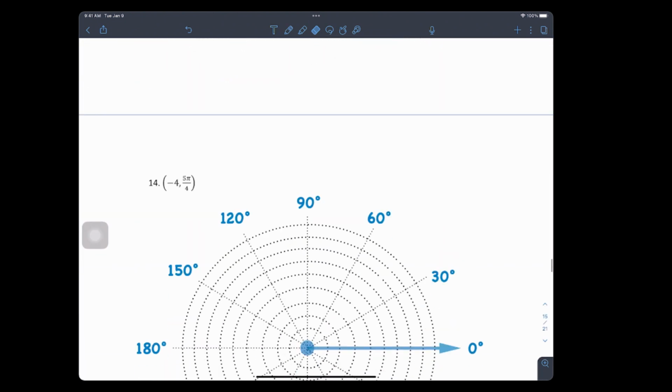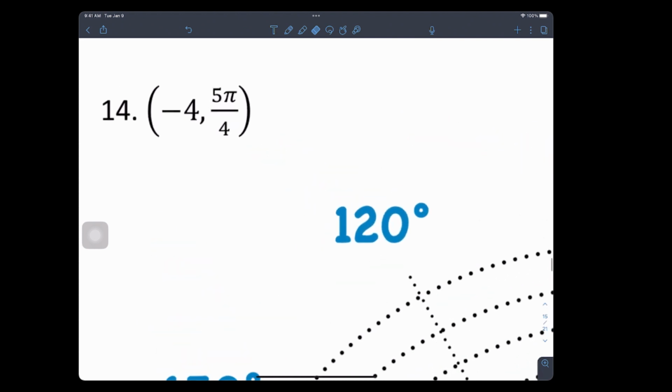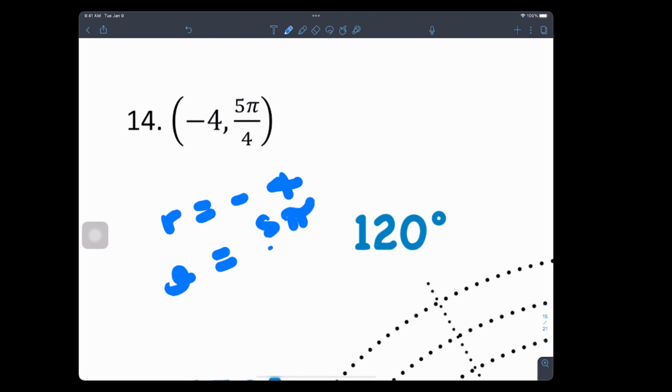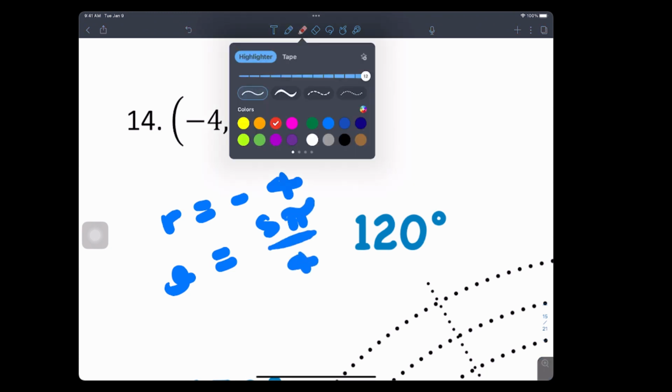So like for this example, again, a negative radius. Okay, so we know, okay, our radius here is what? -4, theta 5 pi over 4, and you can barely see that.